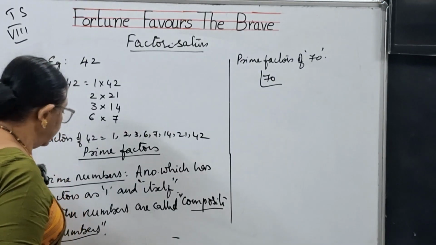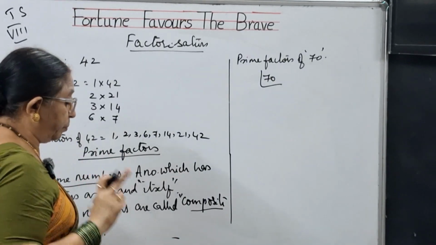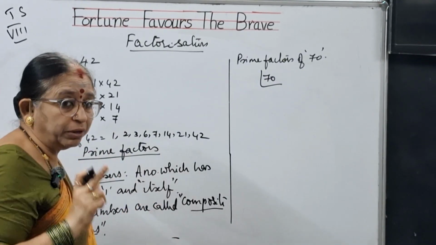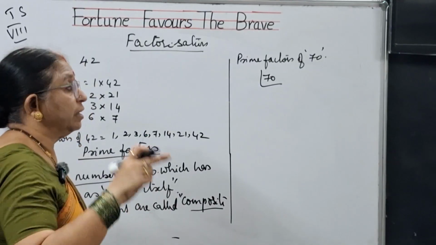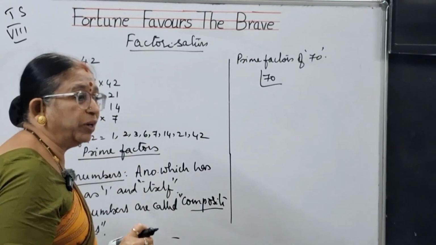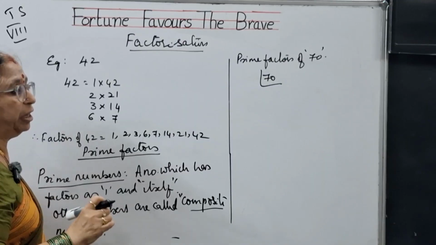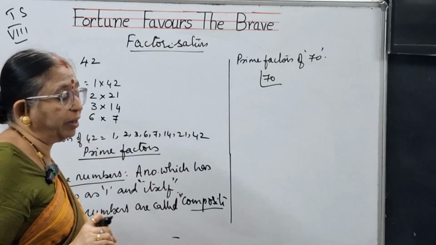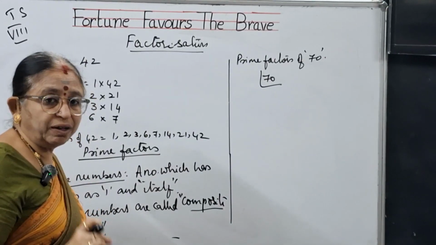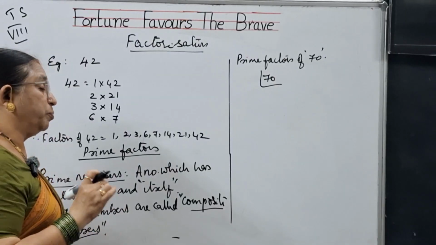And we know that 2 is the only even prime number. Remaining all prime numbers are odd, but only 2 is an even prime number.